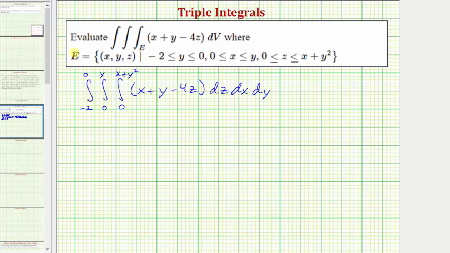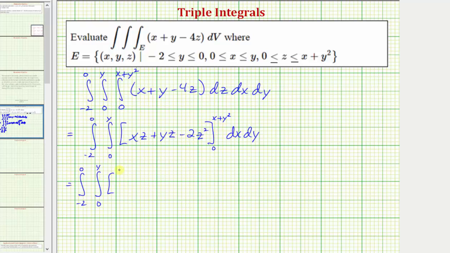And now we first integrate with respect to z, treating x and y as constants. So the antiderivative is going to be xz plus yz, and then we're going to have -4 times z squared divided by 2, which simplifies to -2z squared. And now we need to find F(b) minus F(a) by performing substitution for z.